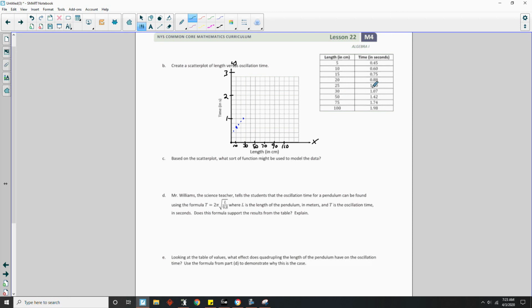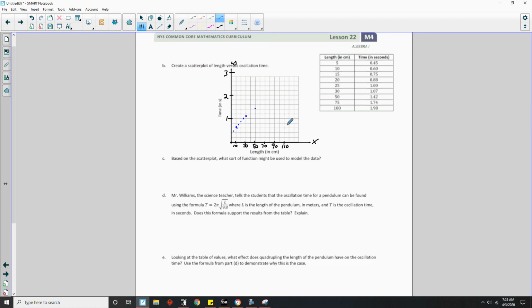So 25, 1, 31, 1.07. 1.07 would only be, whoops, let's see, well, this is 2, 1.5, 1.2. 1.07 is really close to 1, so down here. 50, 1.42. This would be 1.5 here, so 1.42 might be about there.